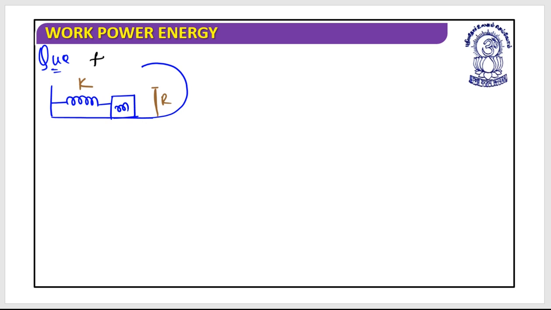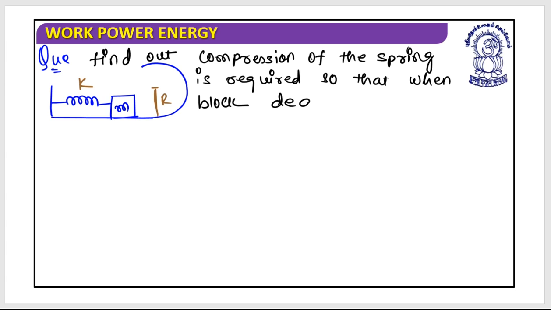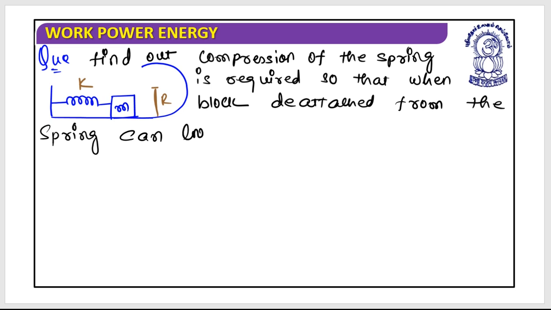The question says find out the compression of the spring required so that when the block is detached from the spring, it can loop the loop.